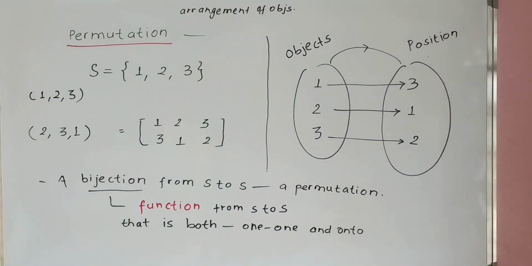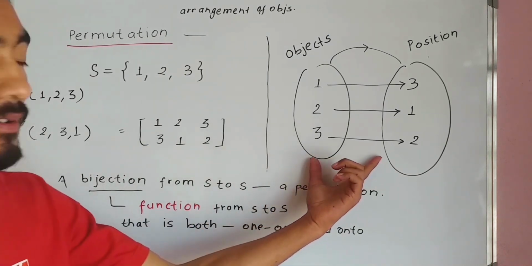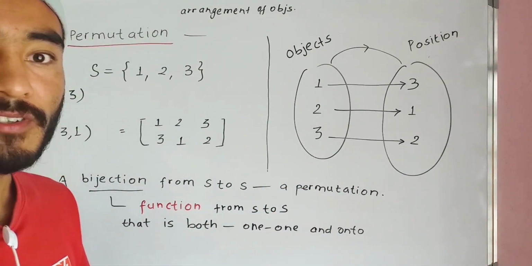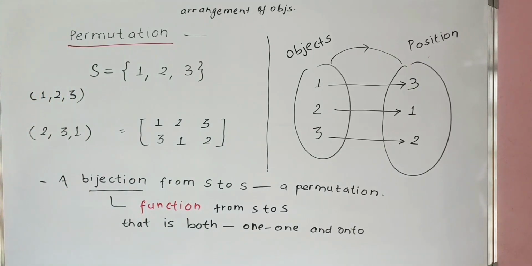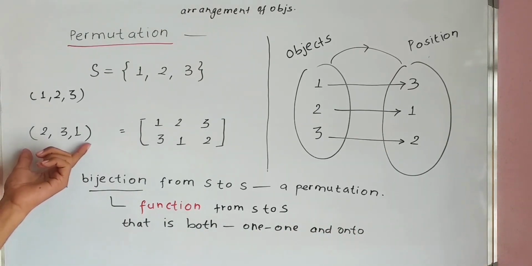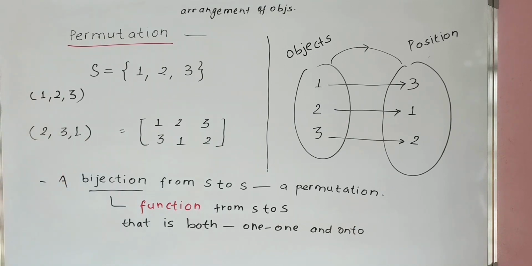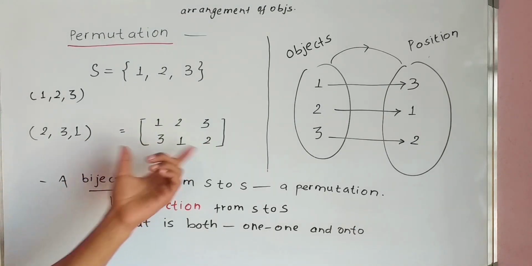So mathematically, a permutation is nothing but a function. Therefore, a formal definition of permutation is a function from S to S such that the function is both one-to-one and onto. Therefore, this permutation, this arrangement becomes this permutation as a function.